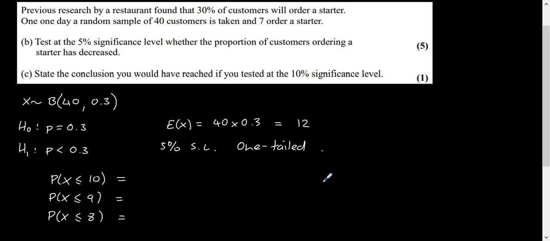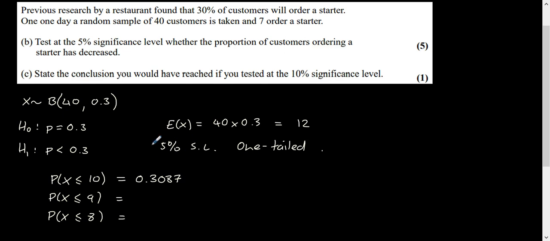So we go to our binomial distribution again, we set it up, we've got our x value of 10 here, our n is 40, and our p is 0.3. And this probability comes out at 0.3087 to 4 decimal places, which isn't less than 5%.